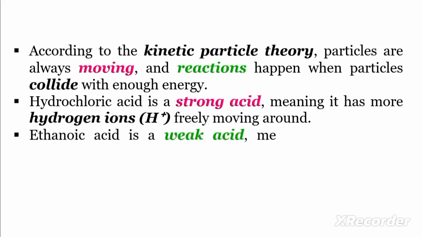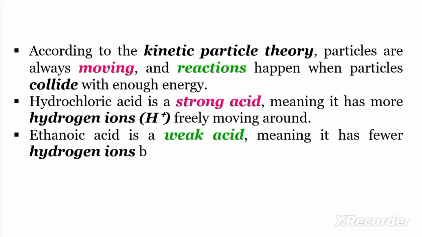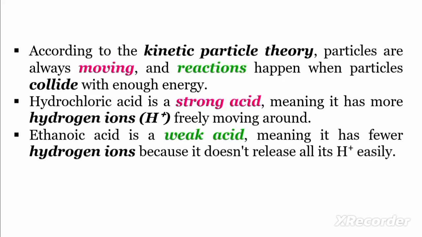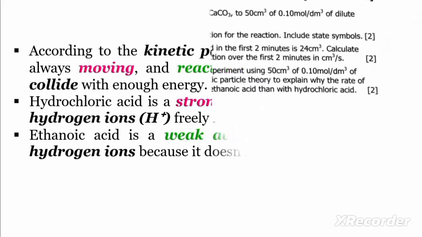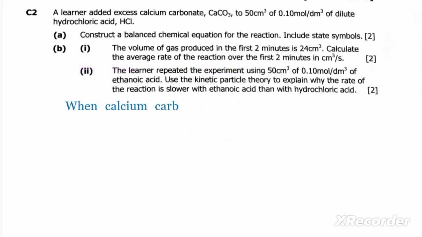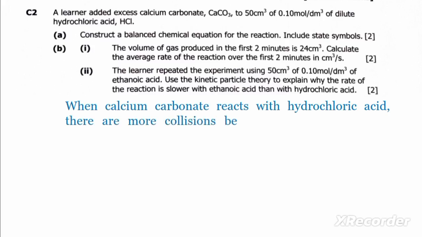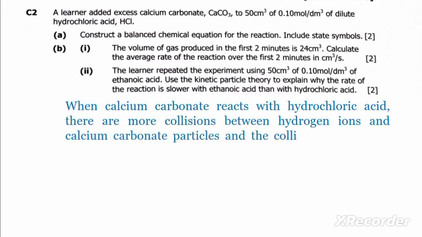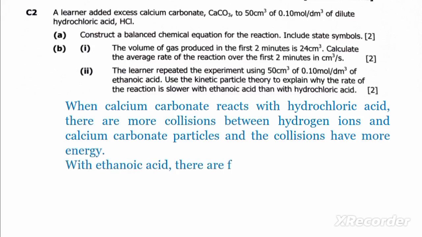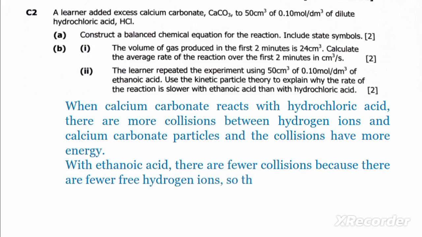Then ethanoic acid is a weak acid, meaning it has fewer hydrogen ions because it doesn't release as many. So when calcium carbonate reacts with hydrochloric acid, there are more collisions between hydrogen ions and calcium carbonate particles, and the collisions have more energy. With the ethanoic acid, there are fewer collisions because there are fewer hydrogen ions.